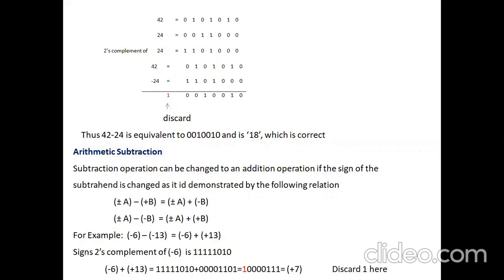If we add it with 13, we get an end carry of 1 and then 4 zeros and triple 1. This end carry can be discarded and you will be left with 1, 1, 1, that is plus 7. So that is the right answer for the arithmetic subtraction of minus 6 minus of minus 13.